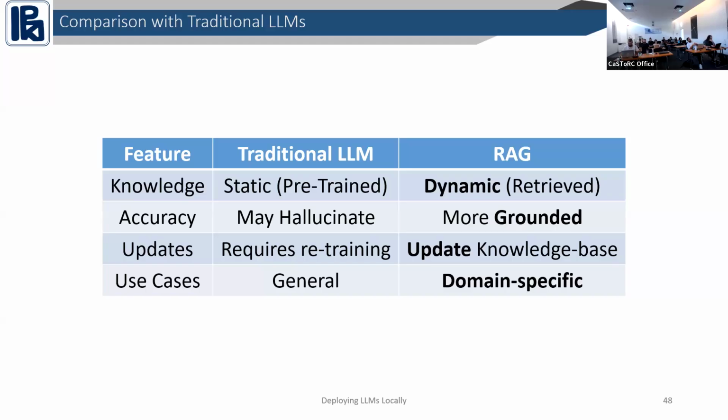And if you want to perform any updates on the traditional LLMs, then you need to either retrain or perform some fine-tuning. And with RAGs, you just need to update the knowledge base. So you need to rerun the indexing phase that you have at the beginning, and then your database will be updated. And finally, the main reason that you might want to use RAGs, you can have domain-specific knowledge ingested in the LLM that you want to use, for example.